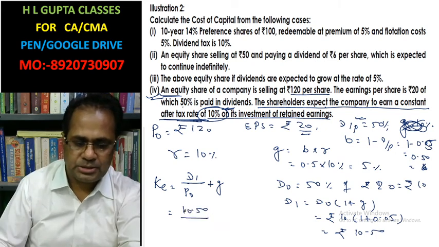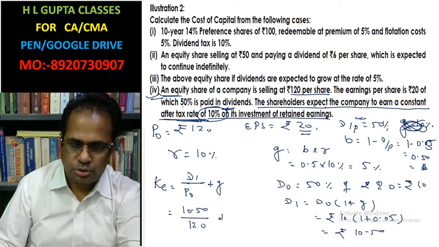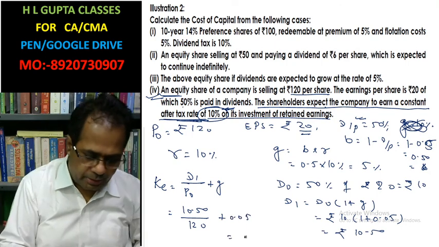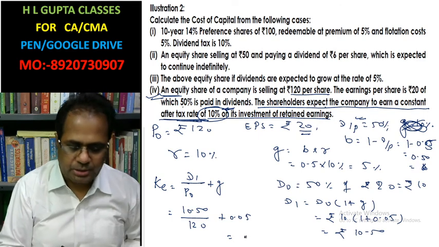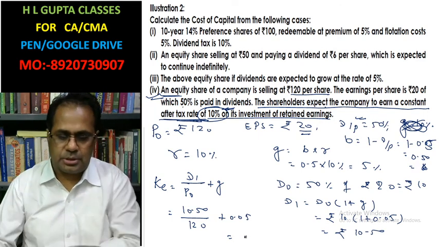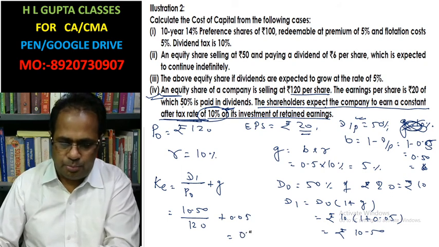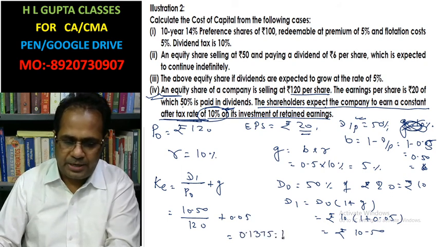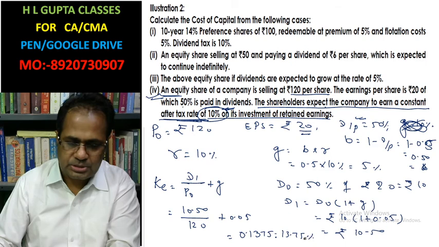Cost of equity is 10.50 divided by (current market price 120) plus growth rate 0.05, which is 0.1375, that is 13.75%.